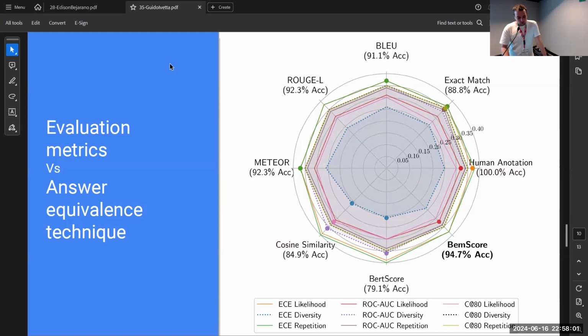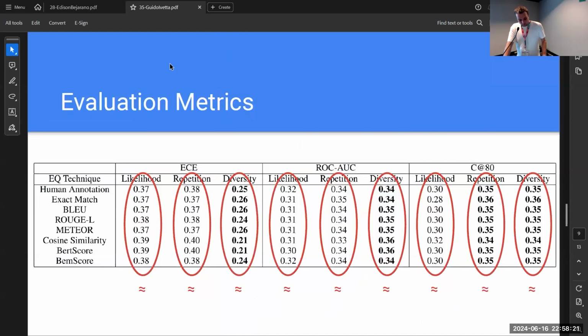All these different ways to classify correct answers gave way different percentages of accuracy with respect to the human annotation. For instance, BERT score gave the worst score, 79.1, and BEM score gave 94.7 accuracy of human performance. But as you can see in this table, BERT score and BEM score are the same: 34, 34, 35, 35, 30, 30.